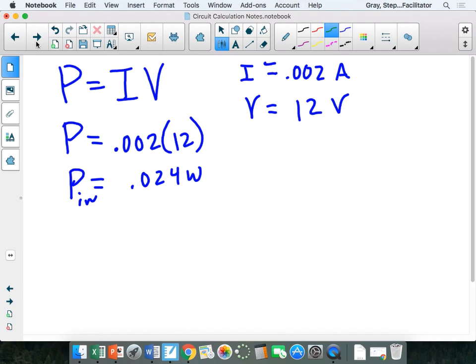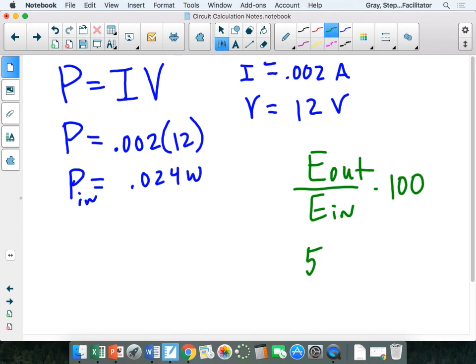So it's energy out divided by energy in times 100. Our energy out is the mechanical power, energy in is the electrical power, and then times it by 100. So the mechanical power was 54.2, divided by 0.024, and then times it by 100, and you're getting over 2,000%.